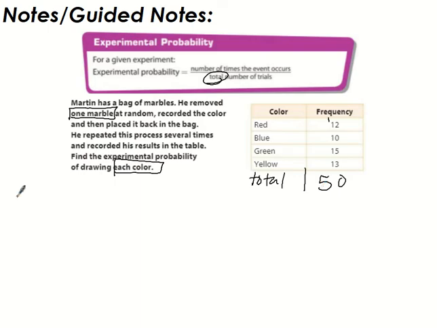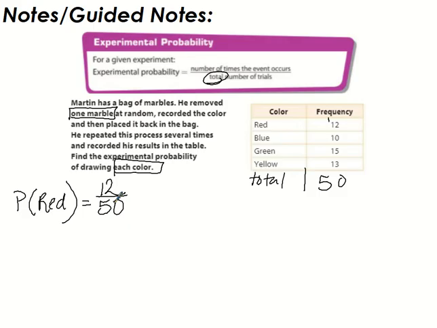So let's do the probability of red. Remember, this is how we write it. So red had 12 out of 50. So there it is. And then we always reduce, just like we did in 12.1. So 12 out of 50.